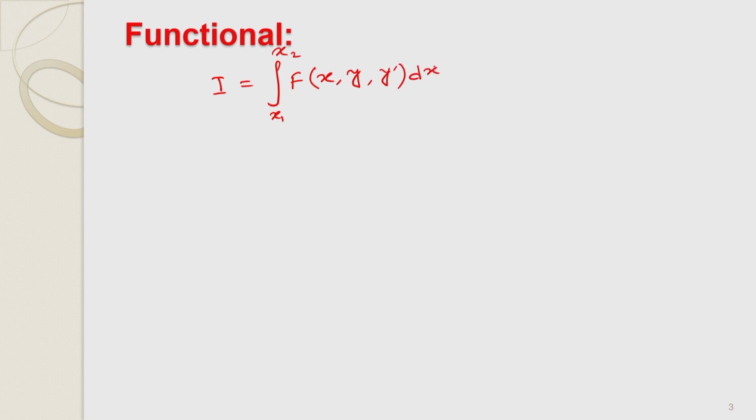Now, this is a quantity which is dependent on independent variable x and also a dependent variable y and its derivative y prime, where y is also a function of x. Such a quantity which is dependent on independent variable as well as on dependent variables is called a functional. In a nutshell, we can say a functional is nothing but a function of functions.